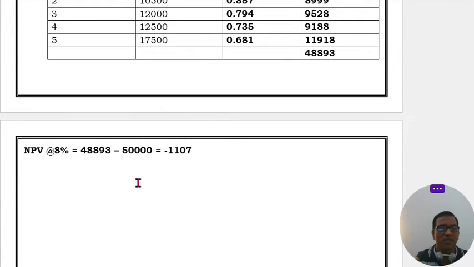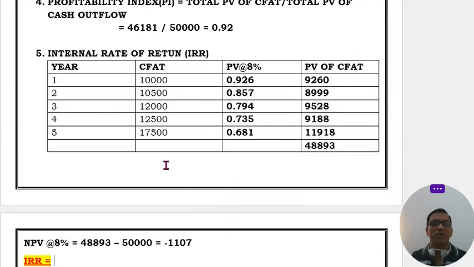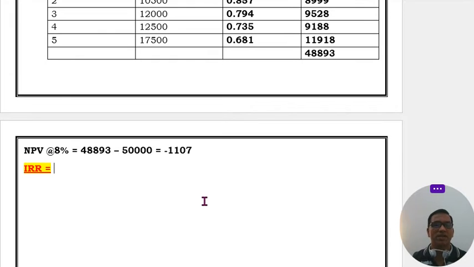And now we apply the interpolation formula. IRR is equal to the lower rate, 8% or 10%. Which is the lower rate? We did this formula before also. Lower rate plus the formula we have.